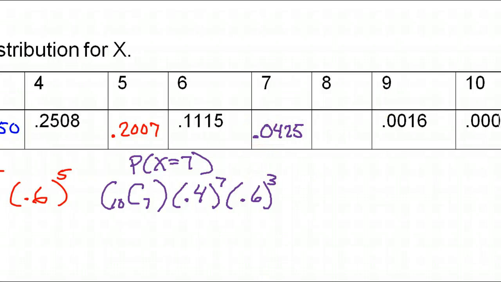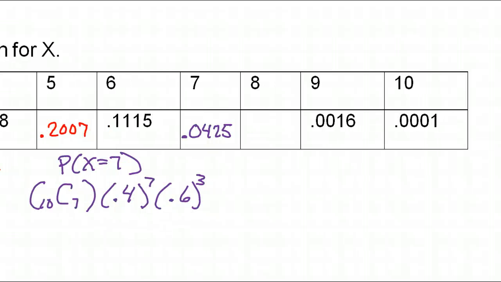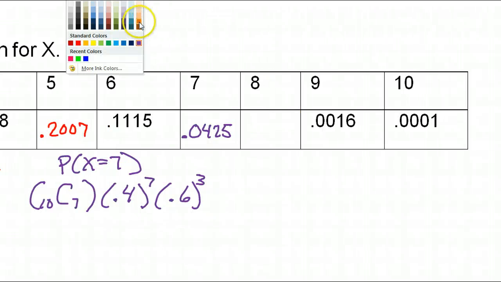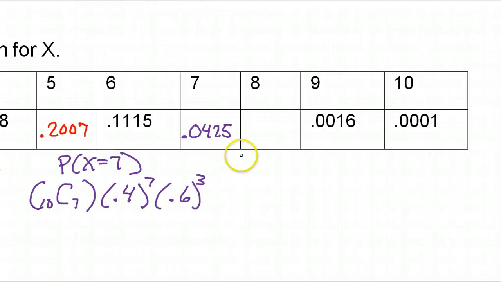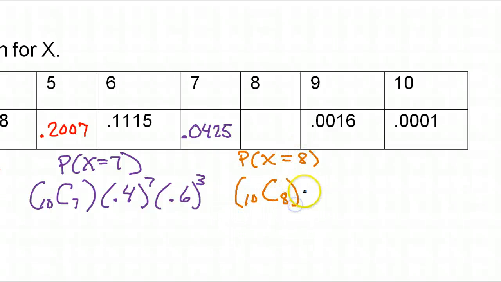Okay, it looks like one more. We need to do the probability that x is 8. So the probability that x equals 8 is going to be 10 choose 8.